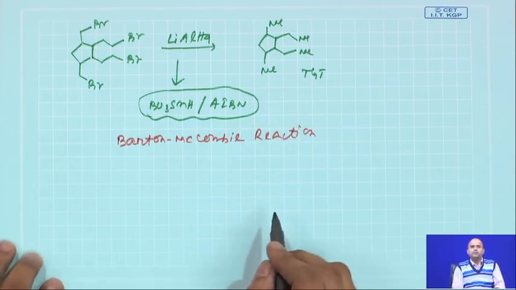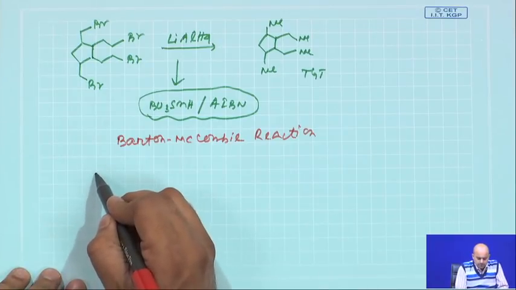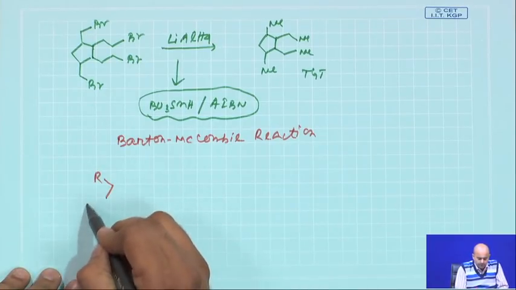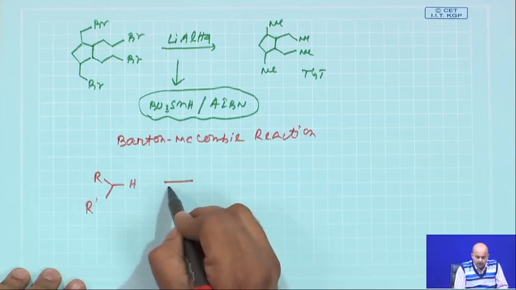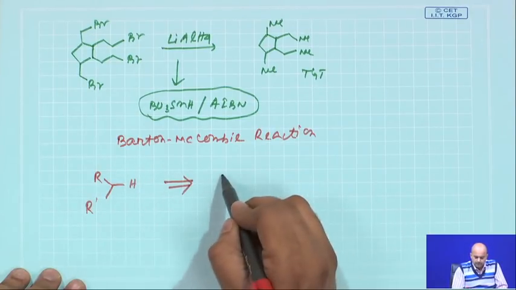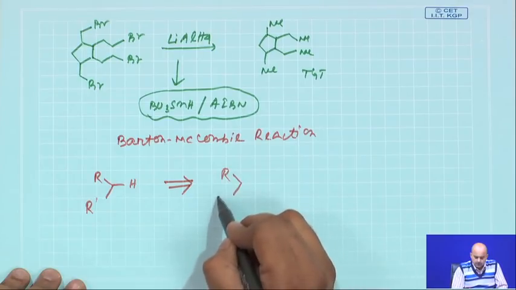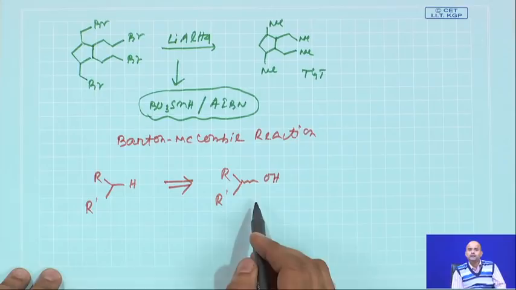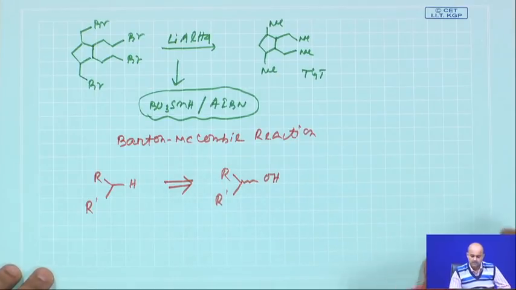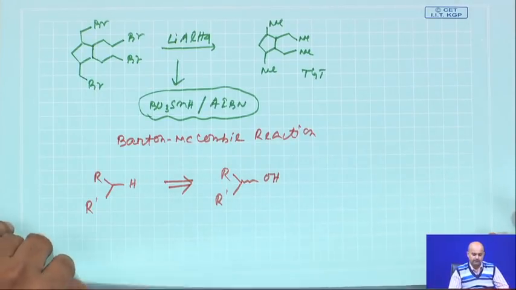Now, in the Barton-McCombie reaction, the basic retrosynthetic pathway you can explain in this way. If you have to make a hydrocarbon molecule, you just take the corresponding hydroxy compound and then do this Barton-McCombie reaction to access the hydrocarbon.